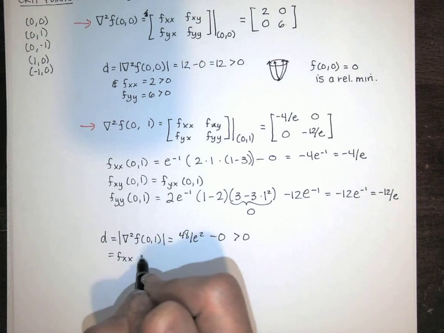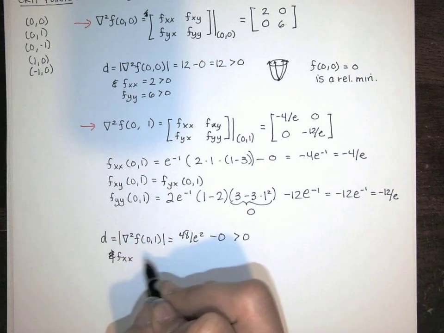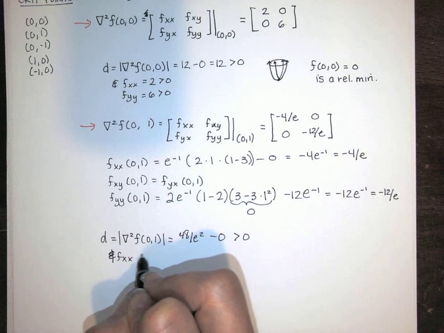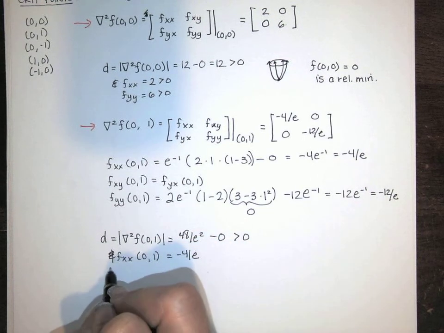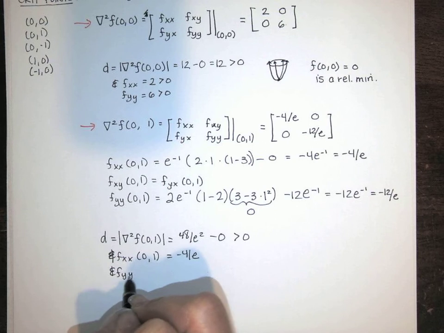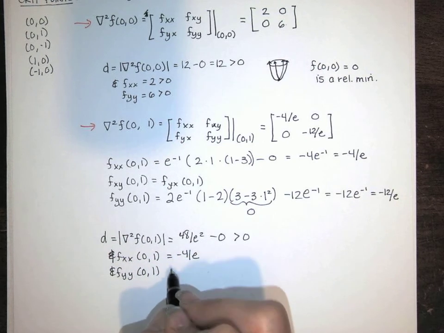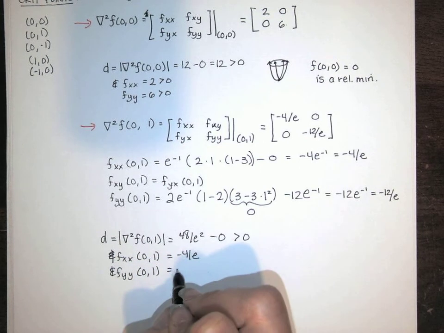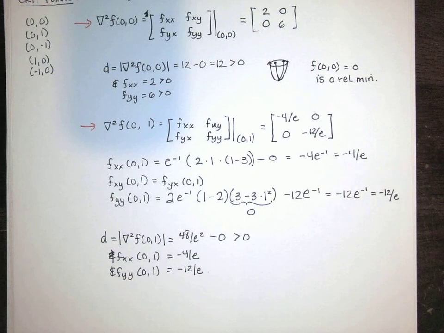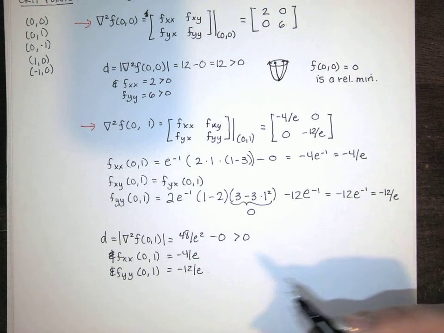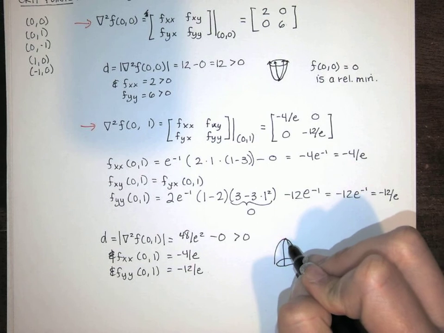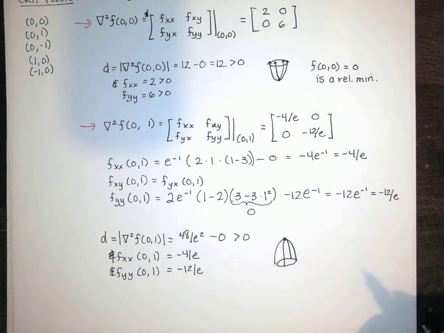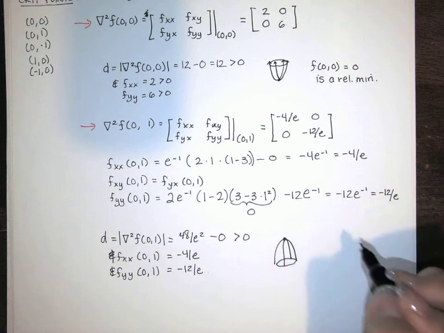And the second partial with respect to x at that point is negative, so it's concave down in the x direction. And we're told that if this is positive, then they both should have the same sign, and they do. So this is negative, so it's concave down in the x direction and concave down in the y direction. So we've got a graph that looks kind of like this. So we're going to have a relative max at (0, 1).